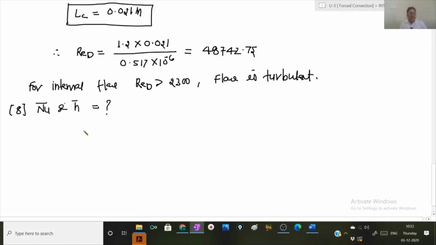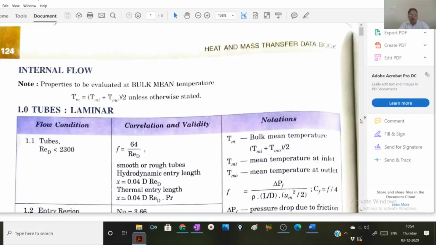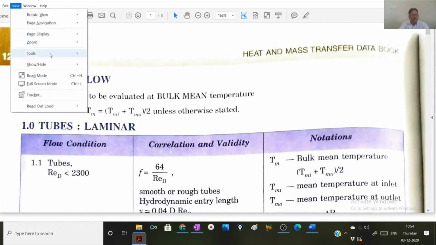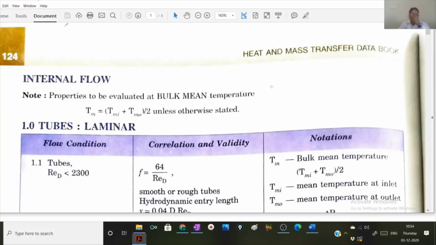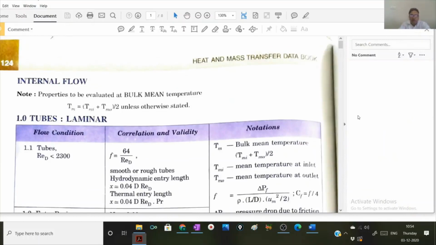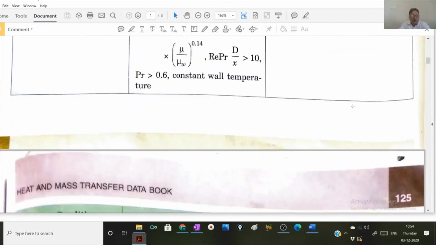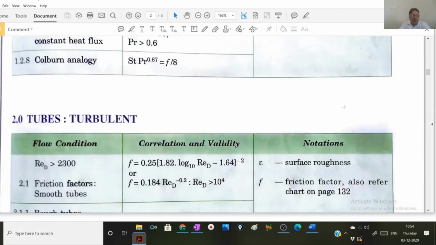For that, I have to refer data book. So in data book, as it is turbulent flow, so I have to refer formula for turbulent flow, 2.0 for turbulent flow.